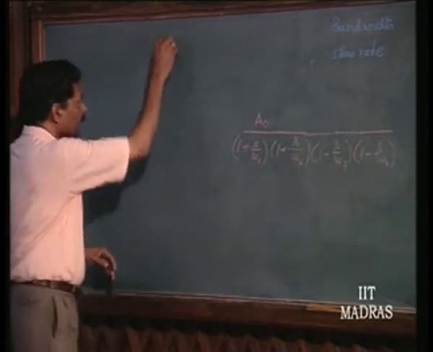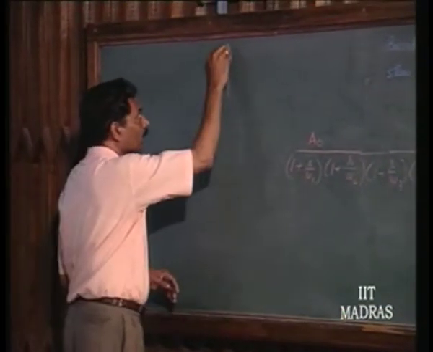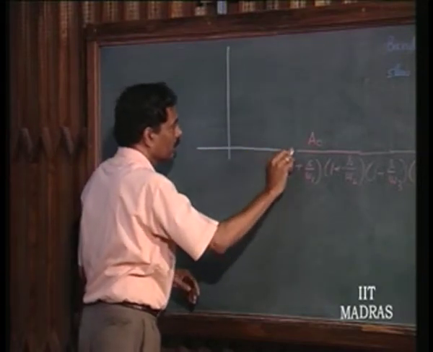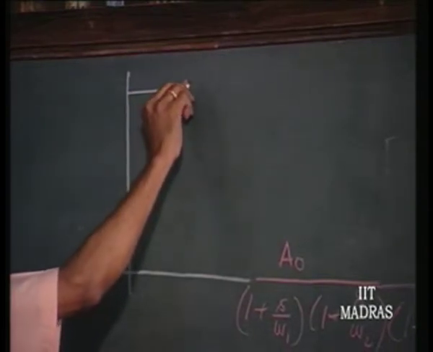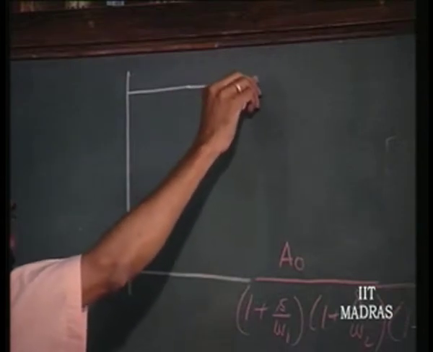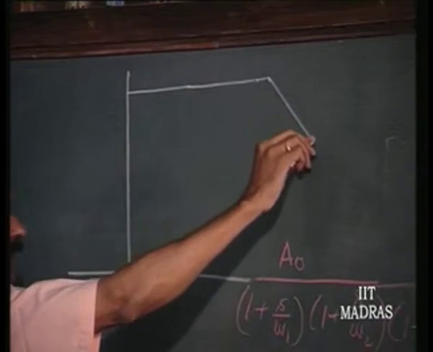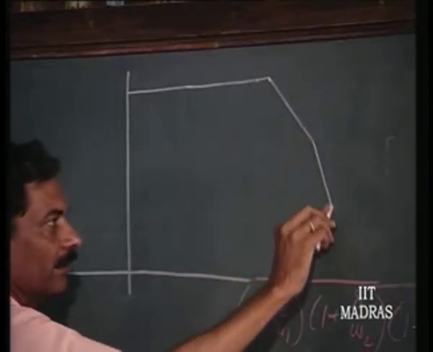So, what it means is that if you plot the gain, this is going to be almost flat up to 1 megahertz, then it will start falling at 6 dB per octave or 20 decibels per decade, and then it will start.